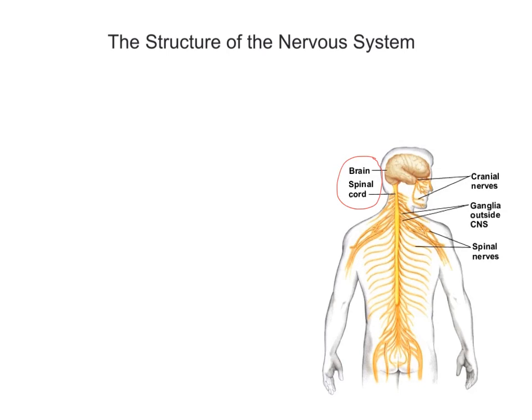So what we're going to do is break down this nervous system structure, almost like a flowchart. So we've actually got two big groups that the nervous system can be divided into. The central nervous system, consisting of the brain and spinal cord, and the peripheral nervous system. So let's just make a note of that to begin with. So we've got the peripheral nervous system.